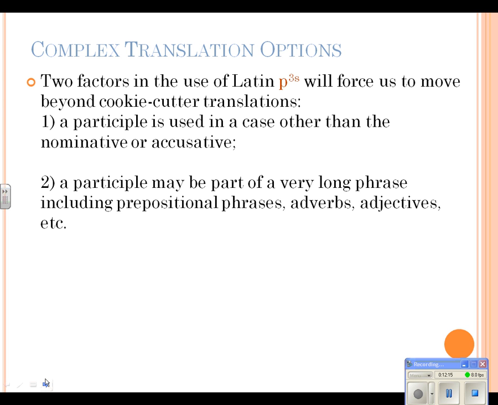When you're using the ablative case, you often have a preposition in there. The flow of your sentence will get very muddled by the fact that we require all of those prepositions and alternative strategies in English.